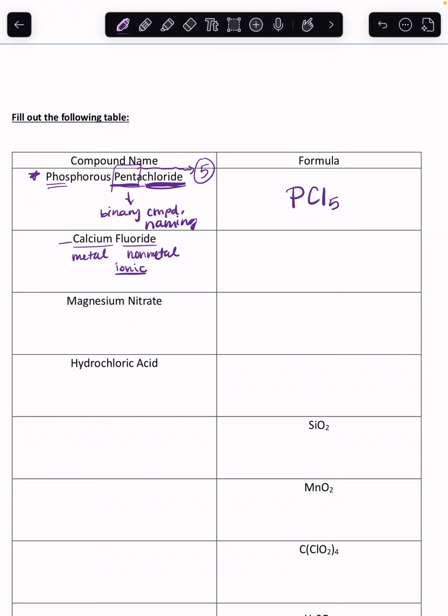So looking at calcium, that's a Ca2+. I know that. It's in group 2. Fluoride is fluorine. That's all the way on the other side of the periodic table, and it has a charge of -1. So if I'm going to write my formula, I'm going to need 2 fluorines to balance out the +2 charge on calcium. So my correct formula would be CaF2.